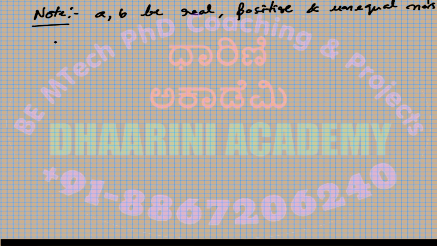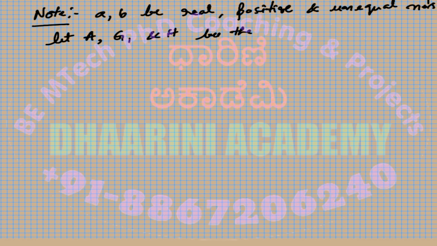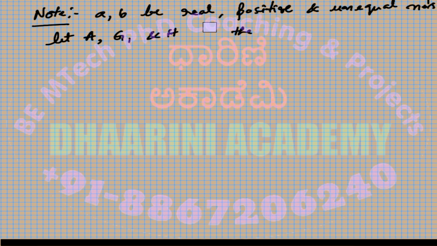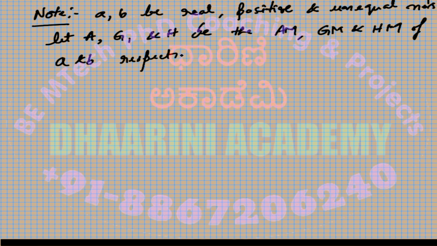All right, and let A, G and H be, so we know that capital A stands for the arithmetic mean, G for the geometric mean, and H for the harmonic mean of A and B respectively.